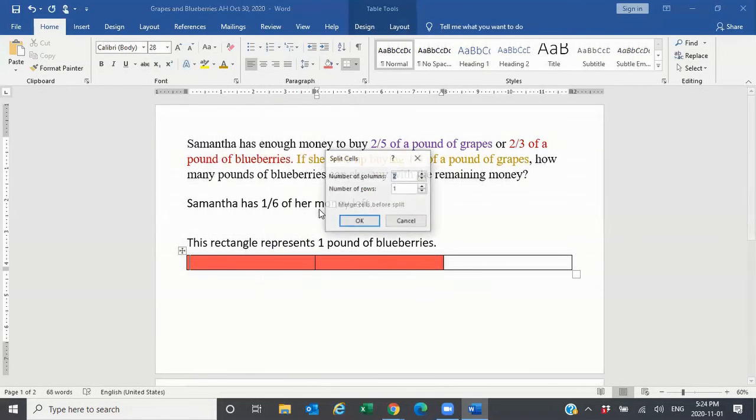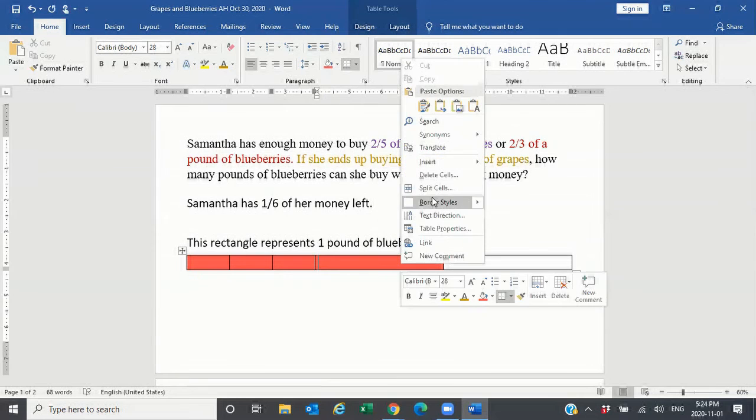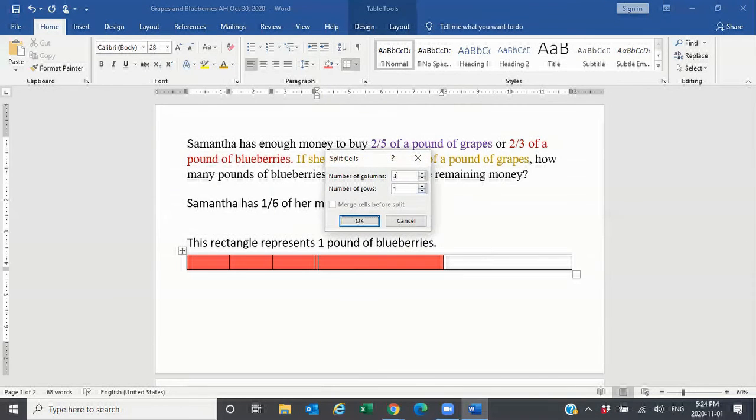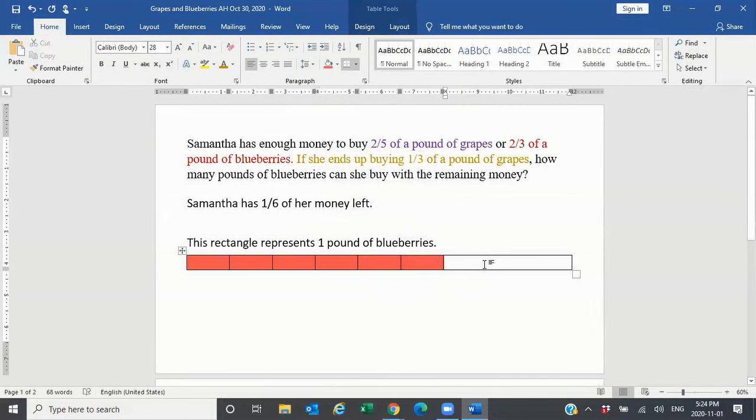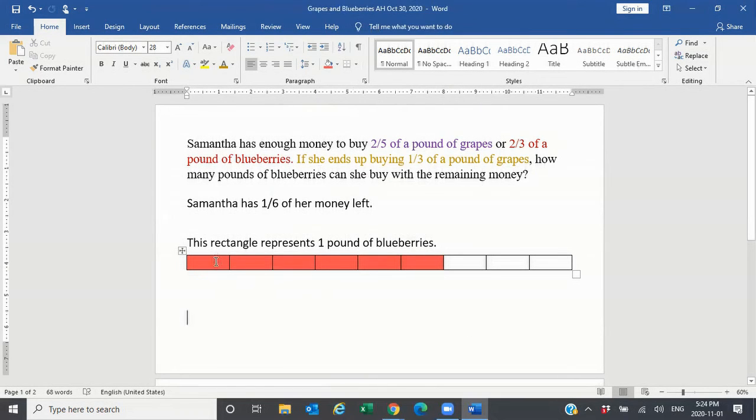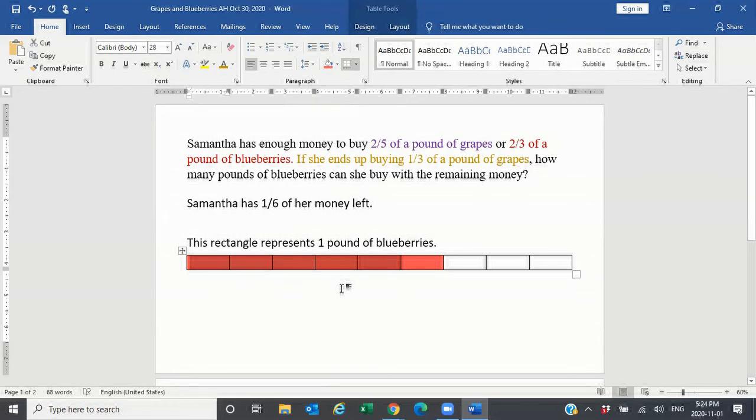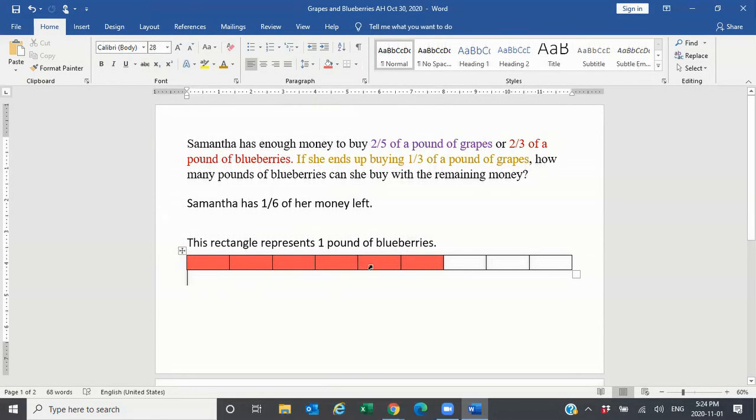To do that, I'm going to divide each of them into 3 parts. And this one as well. There we go.